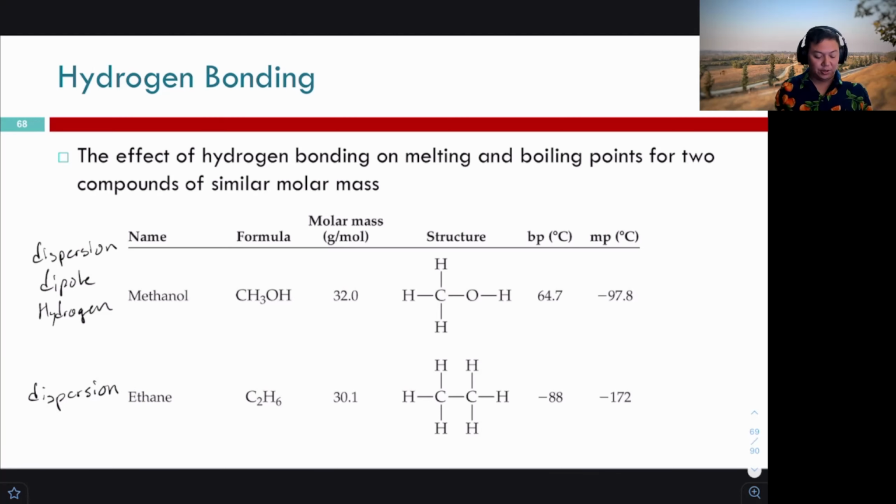So in addition to dipole forces and hydrogen bonding forces being stronger than dispersion forces, they also have an additive effect, right? It's kind of like drinking different types of caffeine. Like if you wake up in the morning, you have a cup of coffee, and then you have a Mountain Dew, and then you follow that up with a Monster.